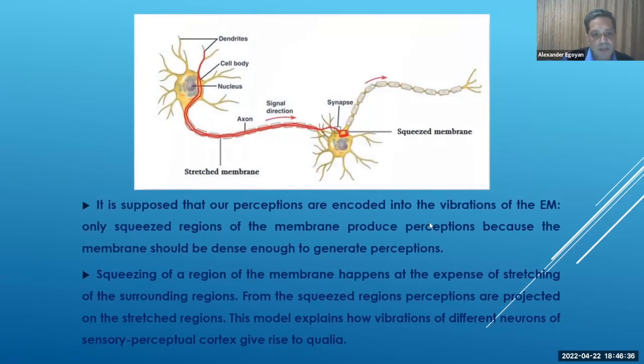This picture shows how the elastic membrane propagates from one neuron to another neuron. It is supposed that our perceptions are encoded into the vibrations of the elastic membrane.